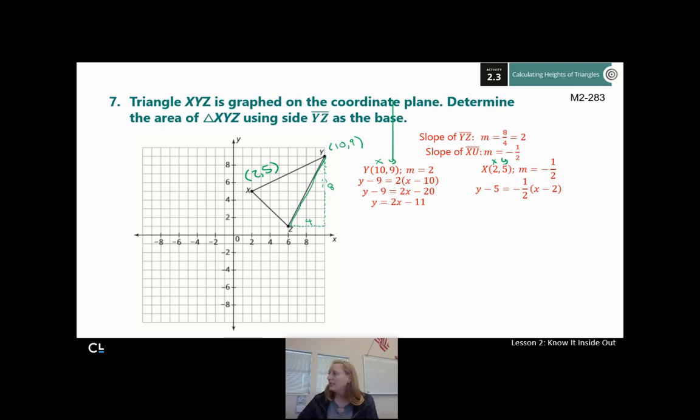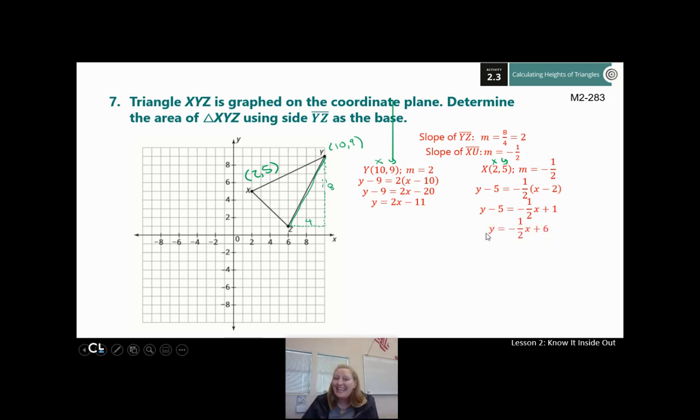All right, let's do this thing. Again, we will distribute. -1/2 times x is -1/2 x. -1/2 times -2 is +1. Oh, and we should add 5 to both sides. 1 plus 5 is 6. Now my y is alone.